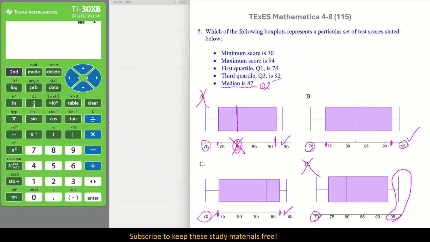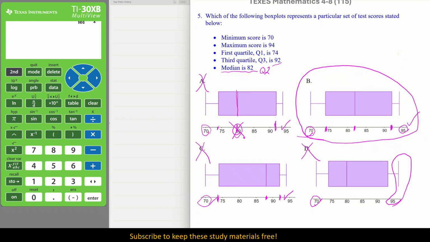B, I would keep it because I could estimate that same. I believe it's 82. Good enough. But let's look at C. That looks more like 84-ish. Nope, that eliminates C. What does that leave us with? That leaves us with B, actually.